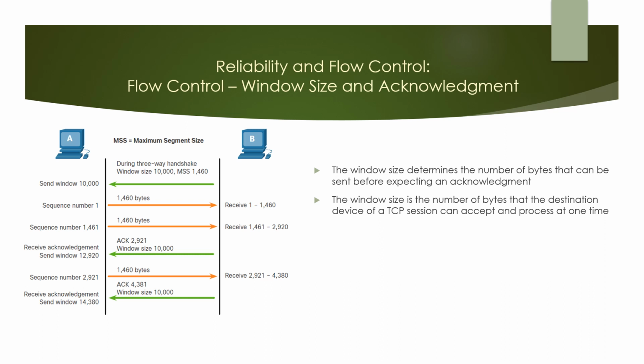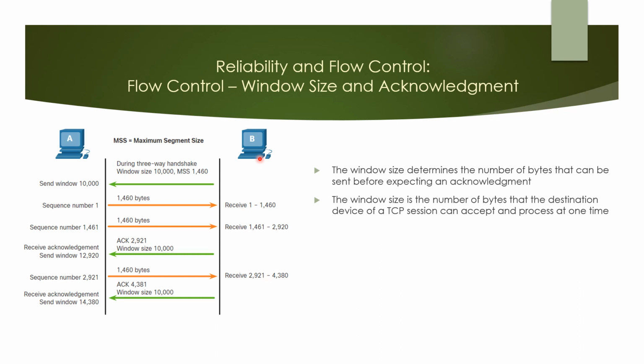Here in this example, PC B's initial window size for the TCP session is 10,000 bytes. Starting with the first byte, number 1, the last byte PC A can send without receiving an acknowledgement is byte 10,000. This is known as the send window of PC A.